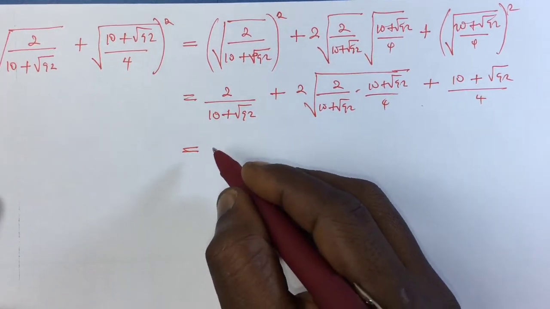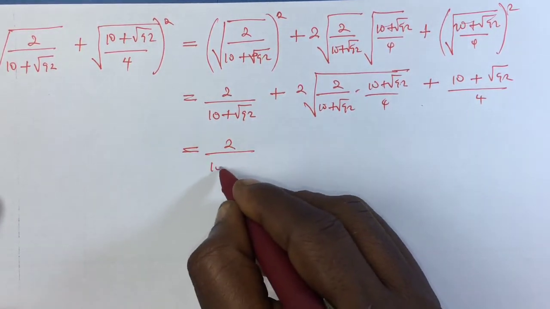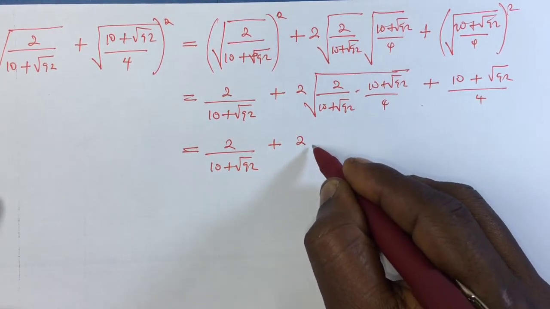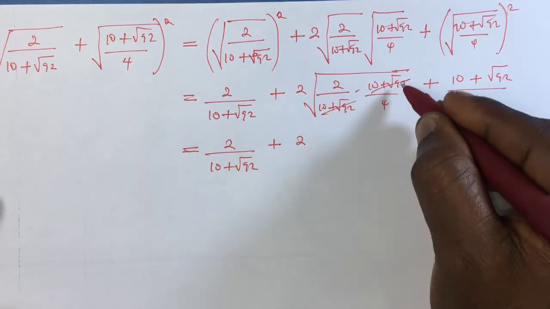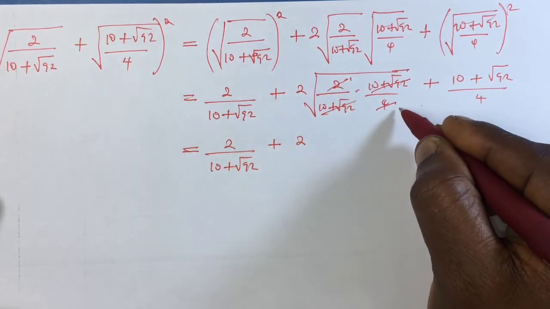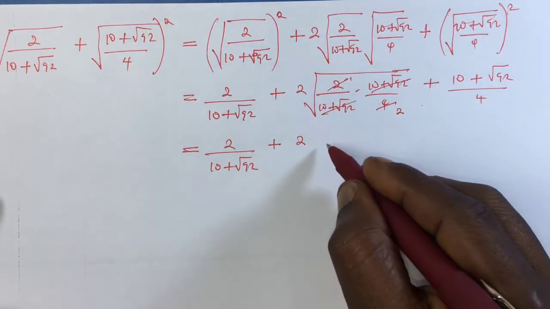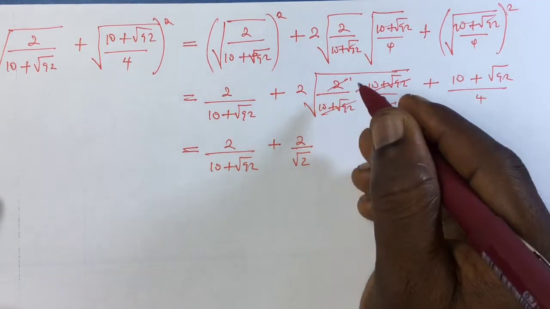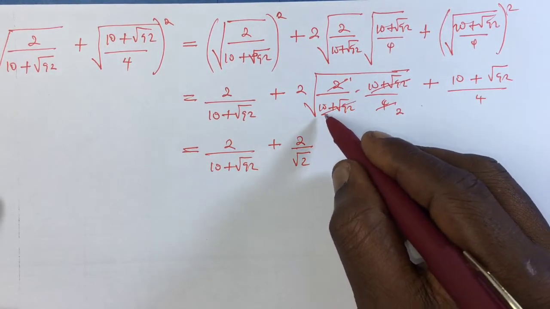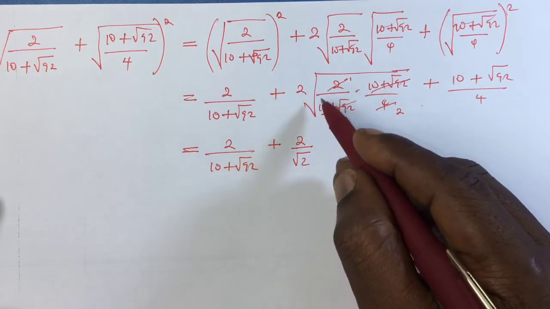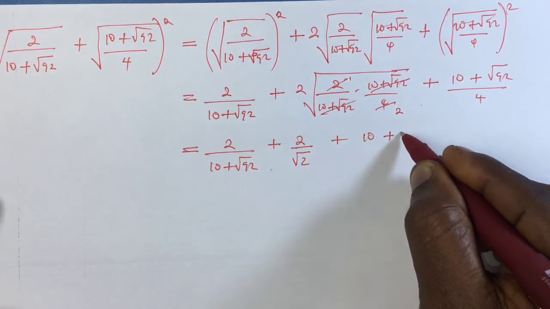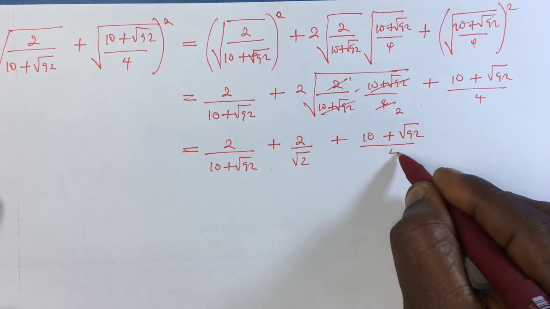Now, simplifying further, you would get 2 over 10 plus root 92 plus 2. Now this cancels this. 2 cancels itself, 2 cancels 4 to give you 2. So this will be left with 2 over root 2, because root 1 in the numerator is 1 all over root 2 in the denominator. So 2 times 1 over root 2 will give you this, plus 10 plus root 92 all over 4.